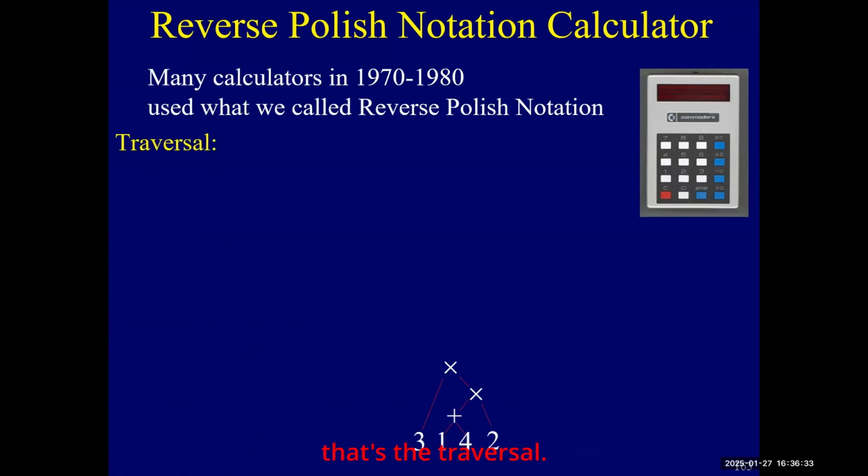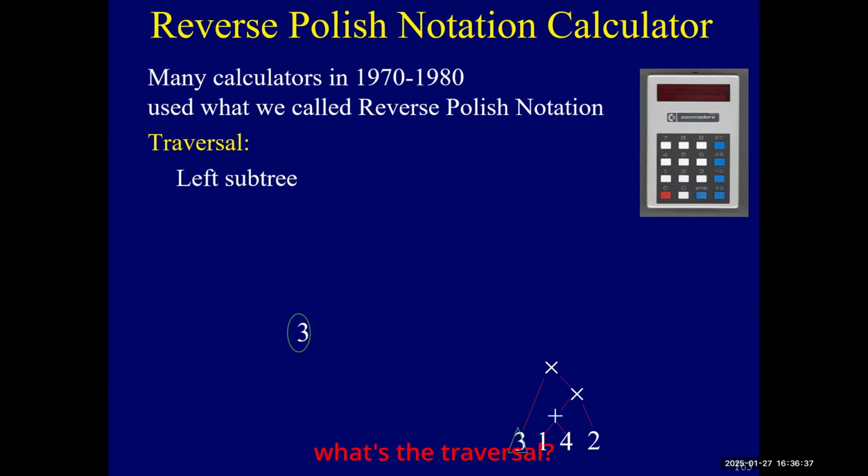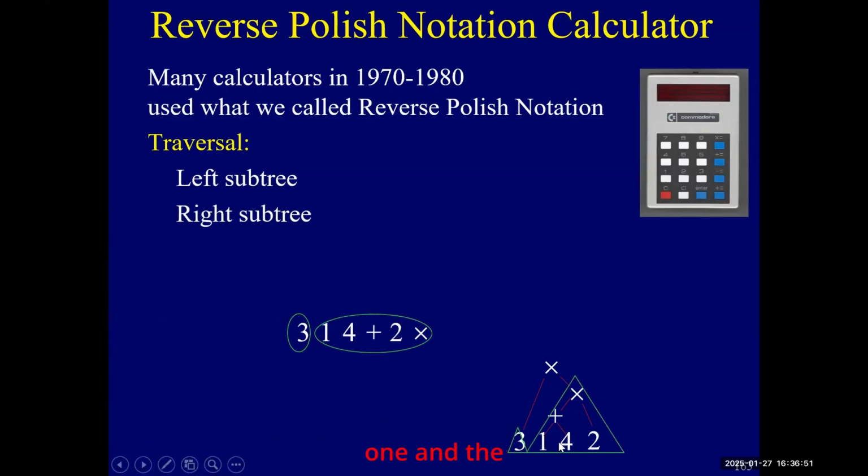That's the traversal. In this one, what's the traversal? 3, and now we have to do this side before we do the times last. So we do the 1, and the times is second last.